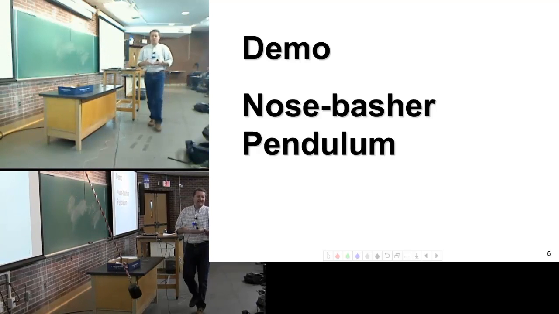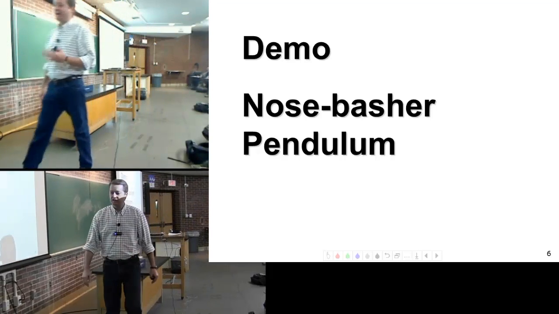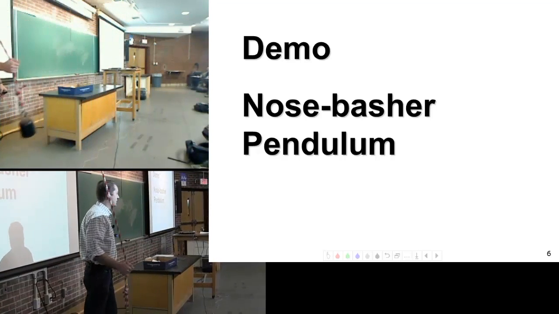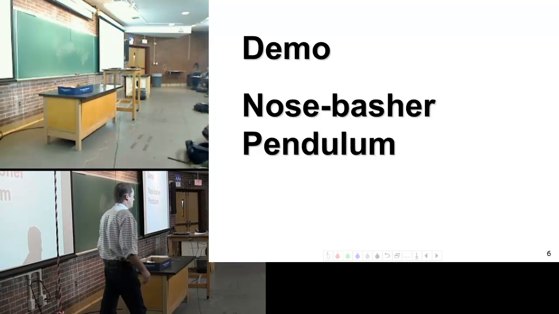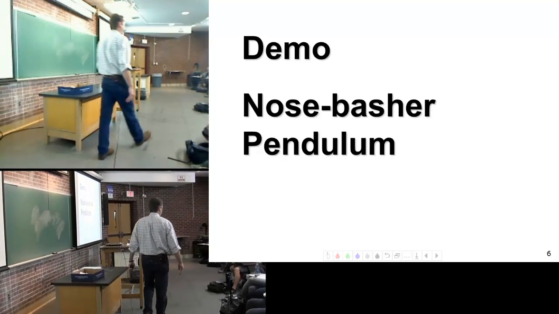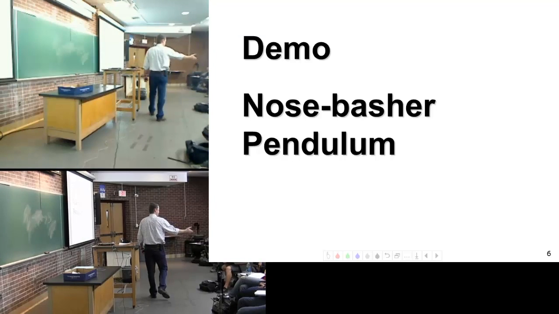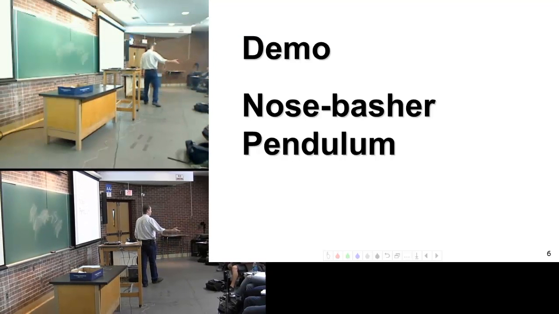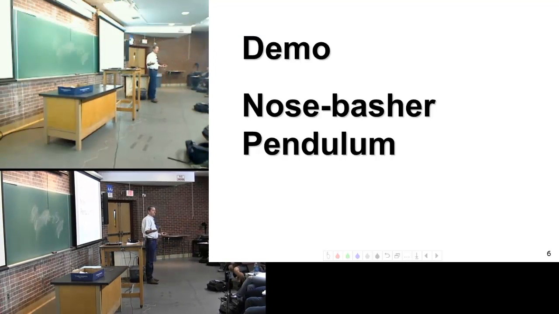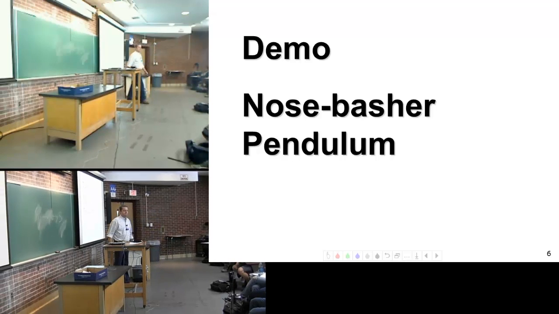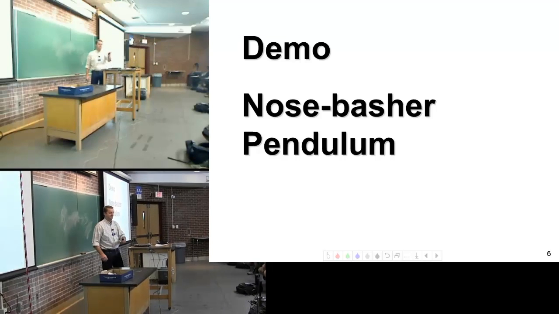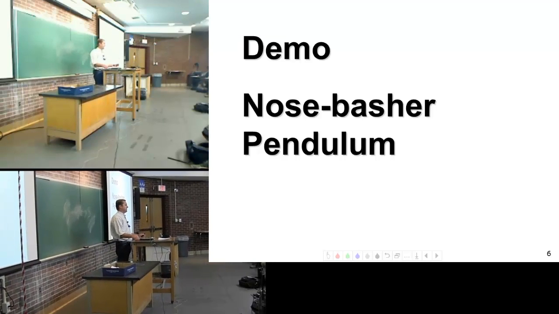It will not get higher than it started, because if it got higher than it started, what would that mean? Think in terms of energy. There's added energy somewhere, right?